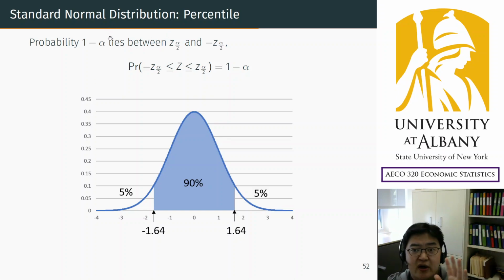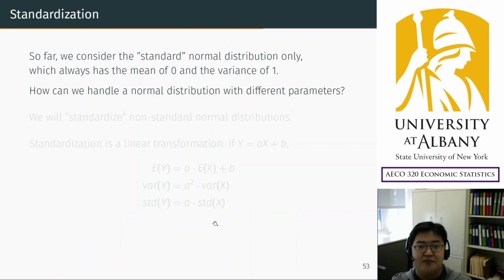So you have to find alpha over 2 from the top and also alpha over 2 from the bottom. So the interval is given by z alpha over 2, right? We are going to use this interval approximation a lot later. Maybe if you have taken another statistics course, then you must be familiar with those numbers. We are going to use them.